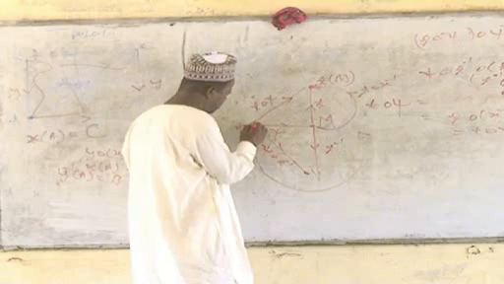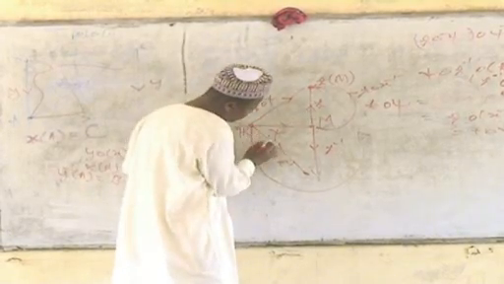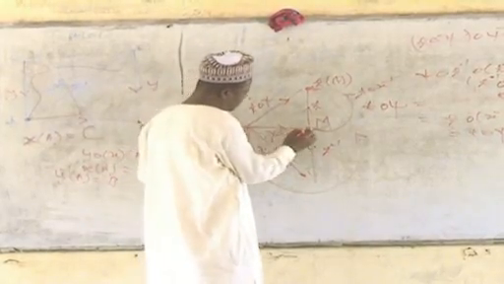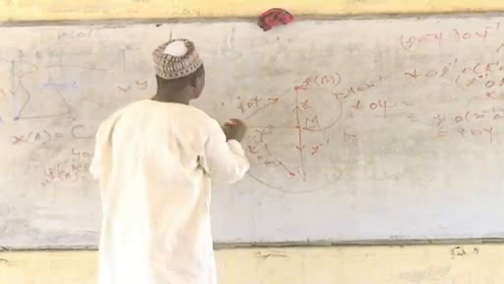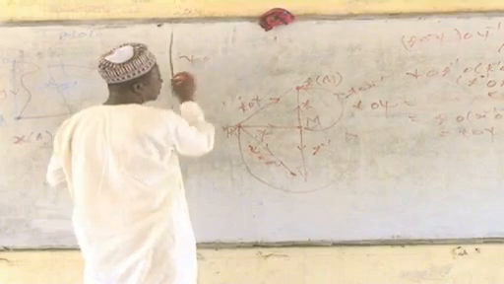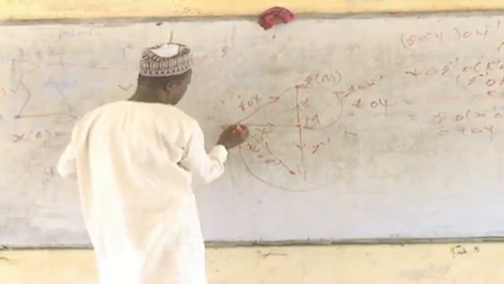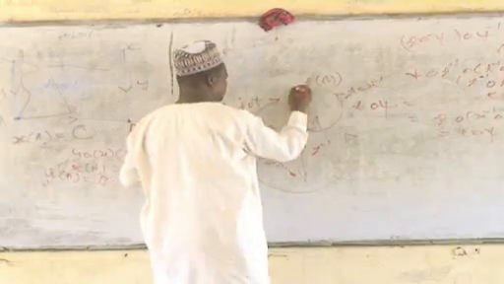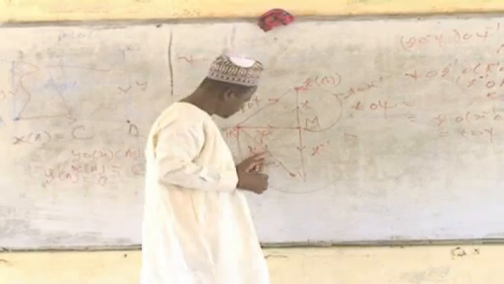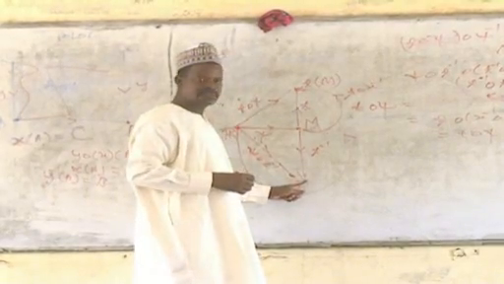So if we move from R, we have two ways. We either follow from this to this, and this will be psi after T. That's moving from here. Or we may decide to follow like this, then like this.